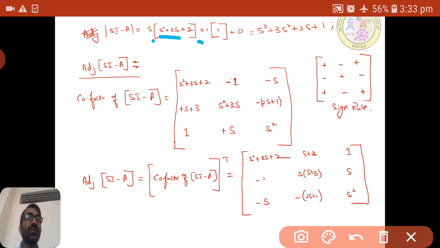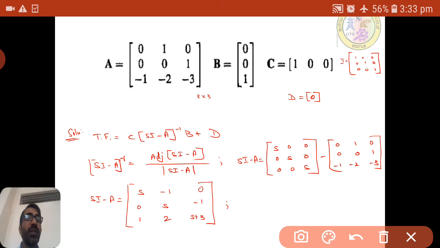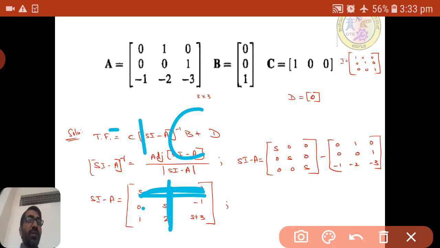This is s into this one. Next, 1 into 1. Here they have taken s, minus 1, 0. If you neglect these things, then the diagonal will be 0 into s plus 3, which is 0, minus 1 into 1. So minus 1, and minus of minus gives plus 1.